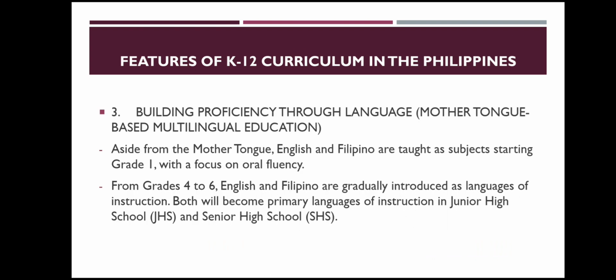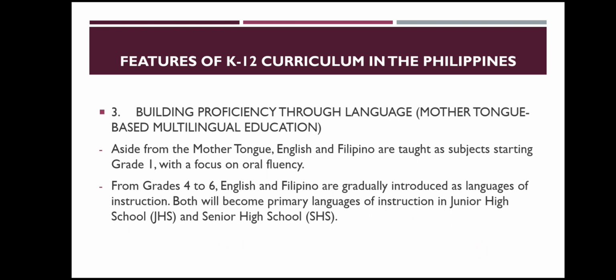And then building proficiency through language. So it started from the mother tongue and based on multilingual education. So it depends on the regions that you're in. So they're going to use the mother tongue as their initial language for teaching.